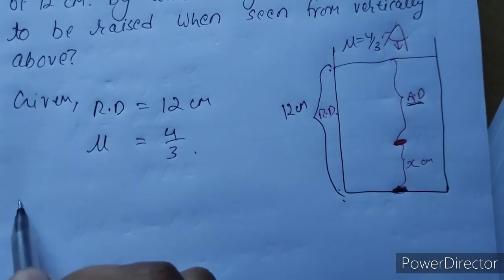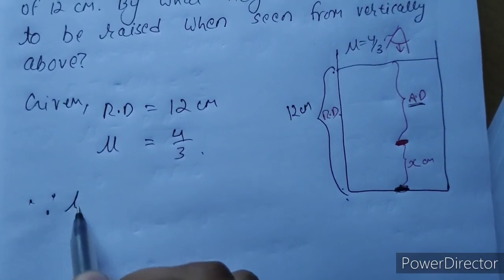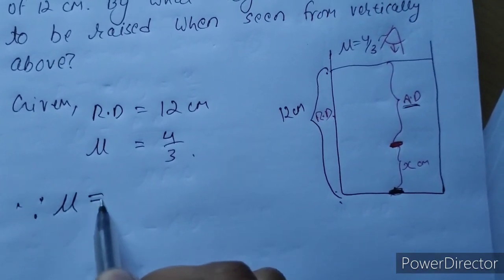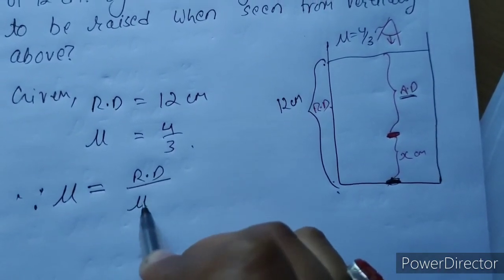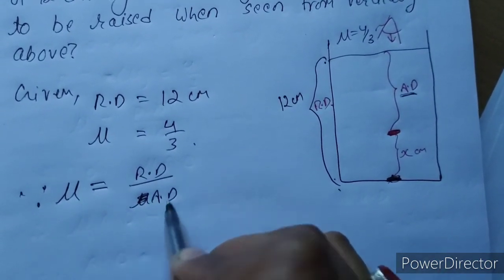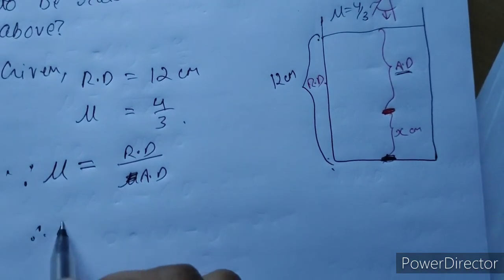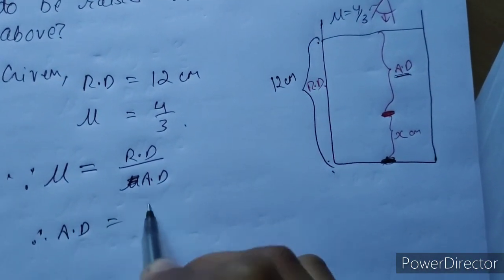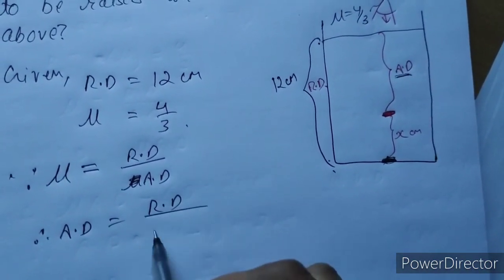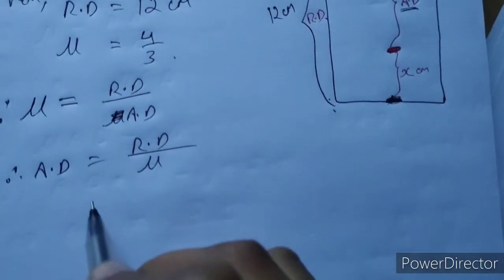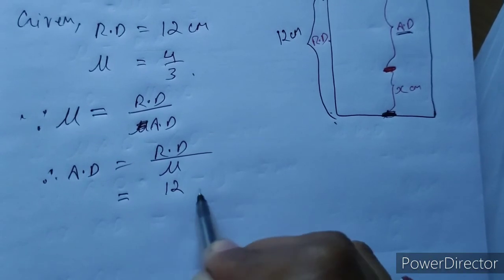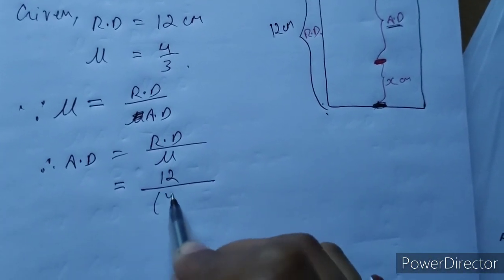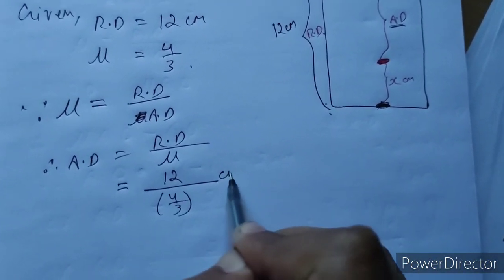Now I'll use the formula, since we have already done this in the previous numerical. Since refractive index is real depth by apparent depth, therefore apparent depth equals real depth by refractive index, which is equal to 12 centimeter divided by 4/3.